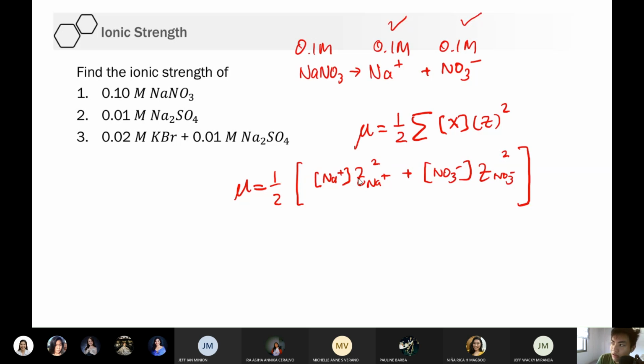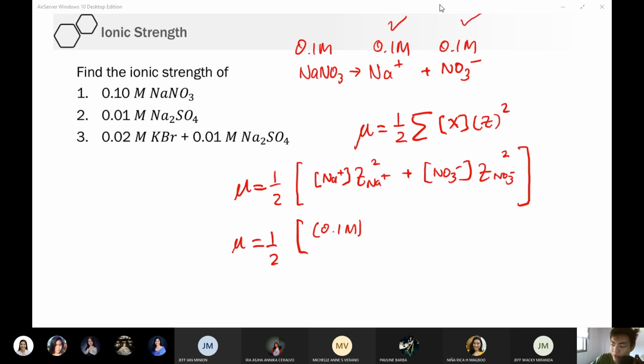After writing the expression for solving mu, we can now plug our available data into the equation. What is the concentration of sodium ion in our solution? Sodium is 0.1 molar. What is the charge of sodium ion?